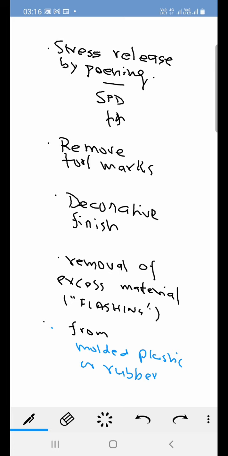Now, although we are using the term abrasive blasting, you can classify it. It's also called dry blasting. You can call it grit blasting, or you can call it abrasive blasting. Whatever you call it, they fall into the category of dry blasting.